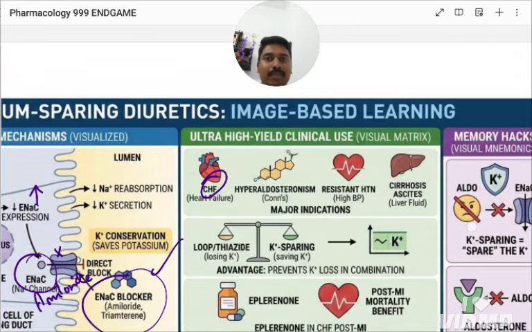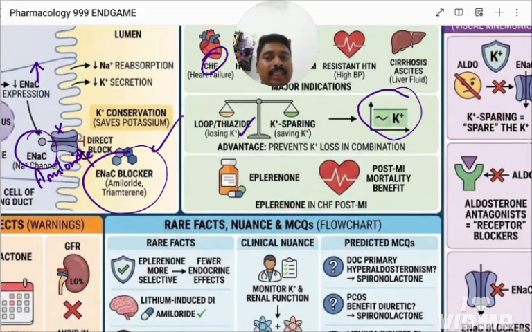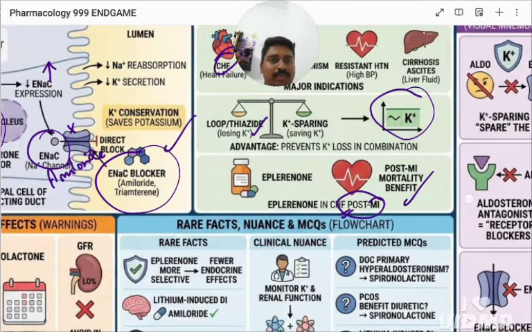That's why we use a potassium sparing agent along with that. Loop diuretics and thiazides will cause potassium loss, and potassium sparing agents will cause potassium retention, and hence there is a balance of potassium. Next, eplerenone is used in CHF post MI because it has post MI benefit. You can just remember this as one word.